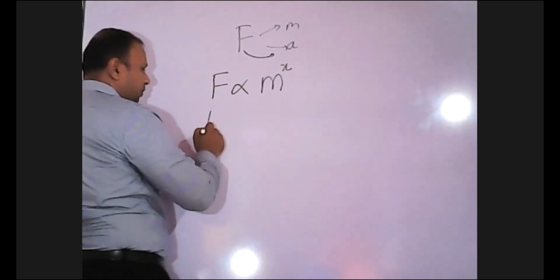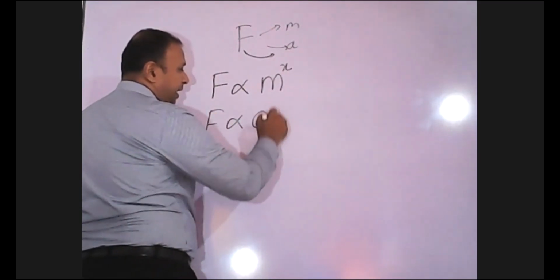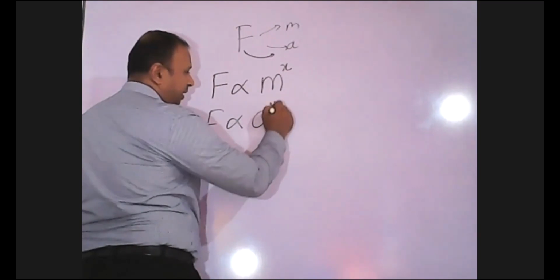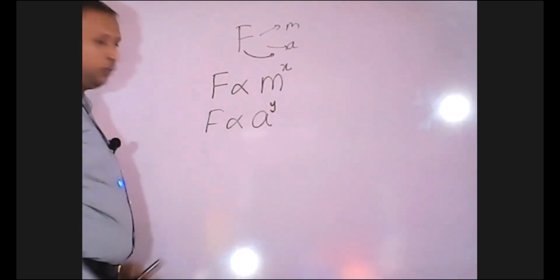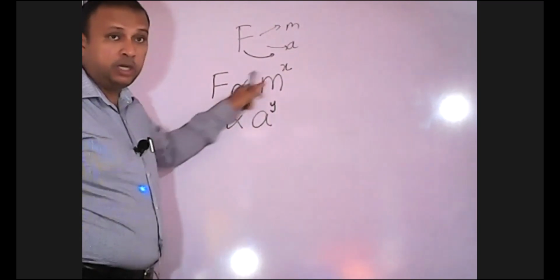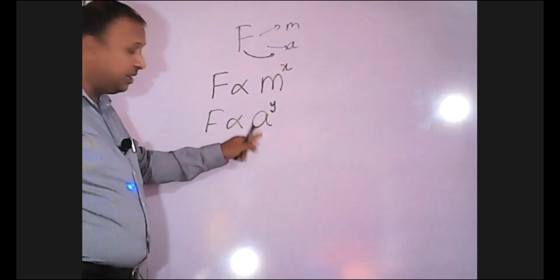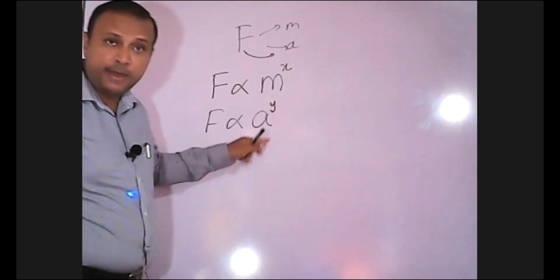So I can write F directly proportional to A to the power y. So I assume F directly proportional to some power of M and F directly proportional to some power of A.